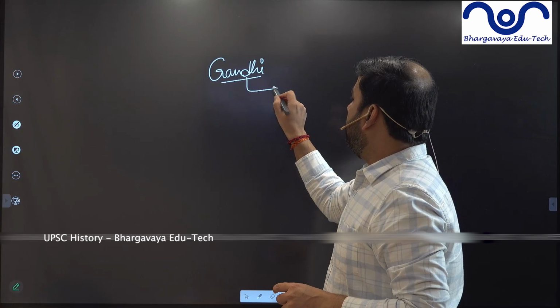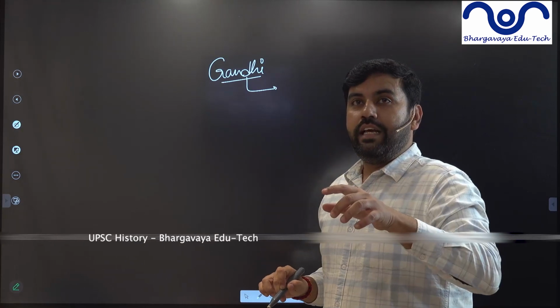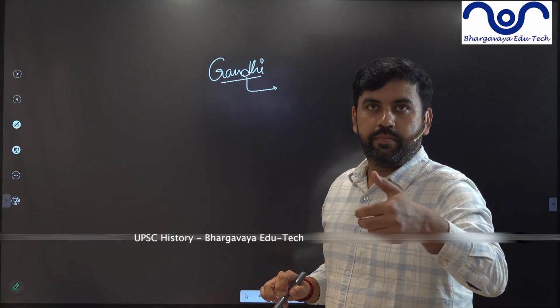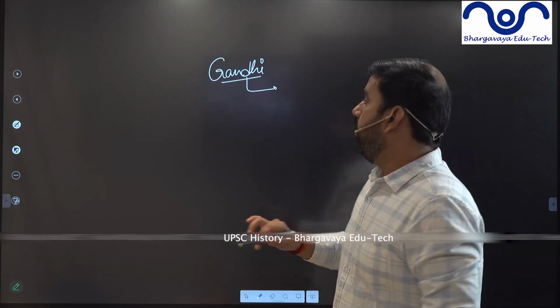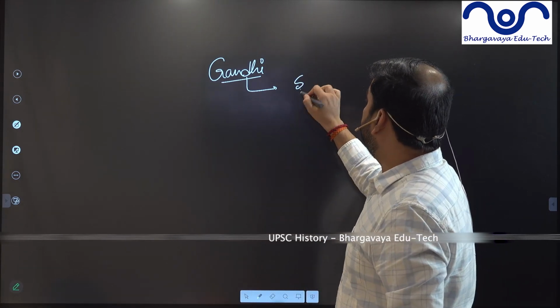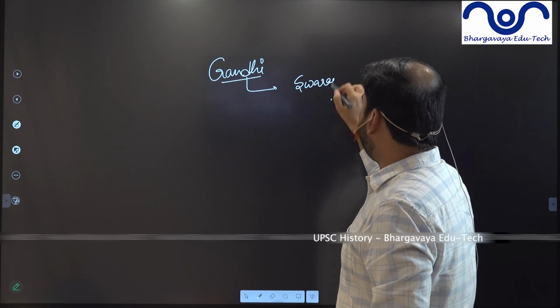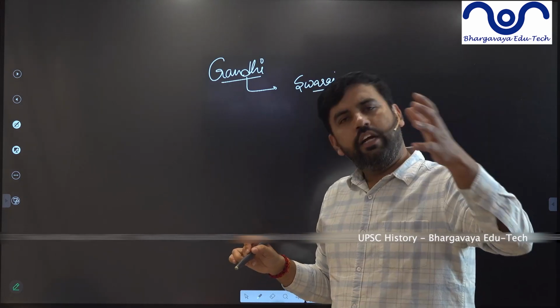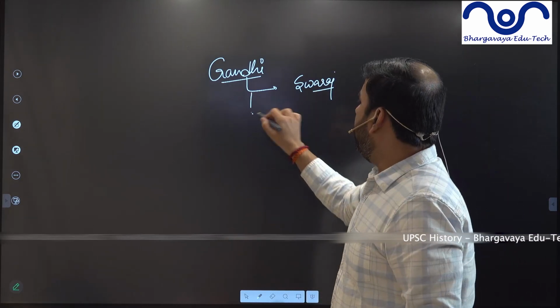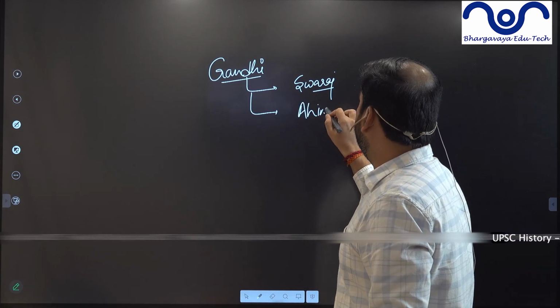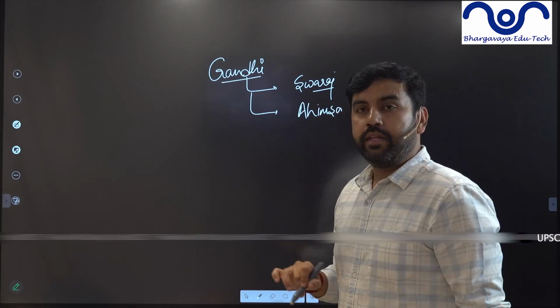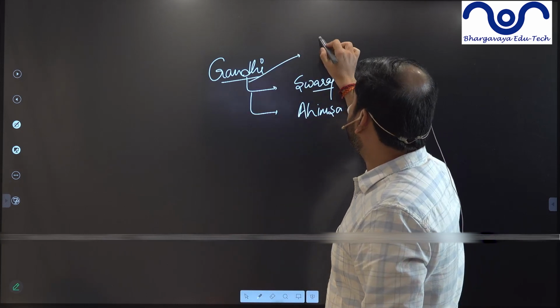So Gandhi ji, now what is he? He's a contributor. Now he must have given certain contributions. So he gave the concept of Swaraj. It was already there. Then he appreciated ahimsa or non-violence. Then his biggest tool was satyagraha.